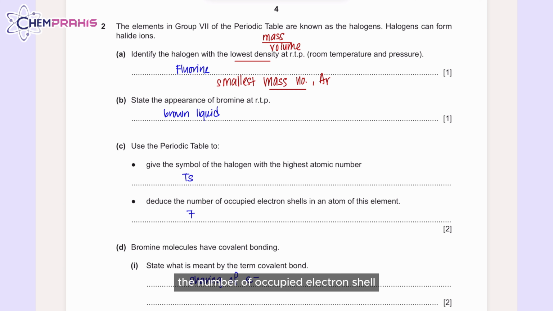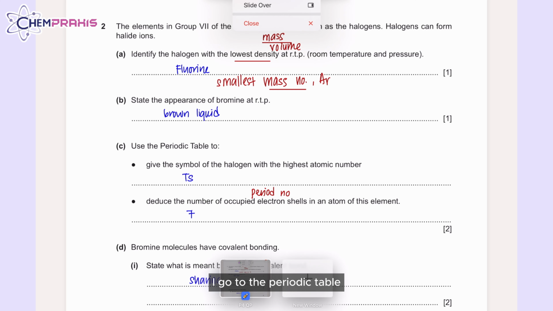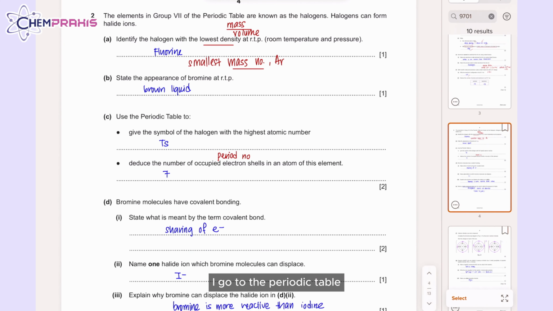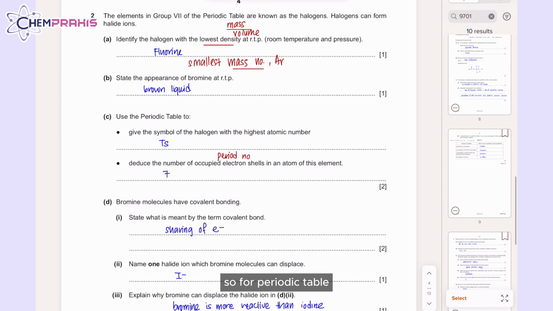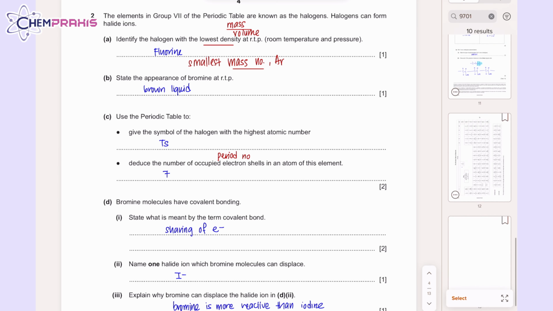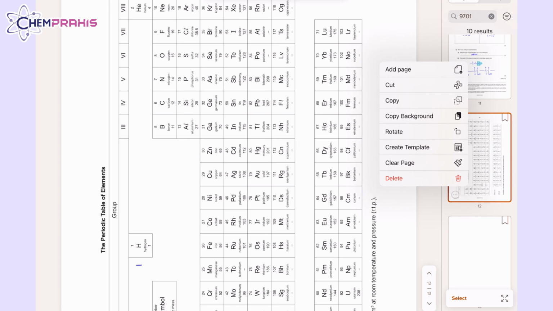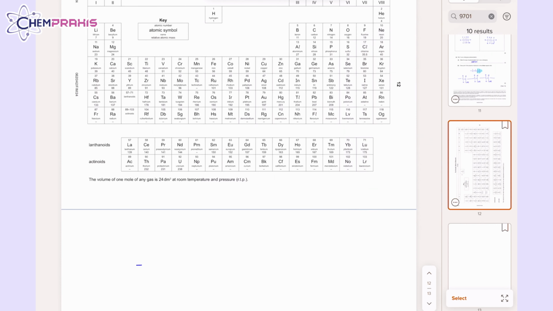The number of occupied electron shells, this one we need to refer to the period number. Let's say I go to the periodic table, let me rotate the page.